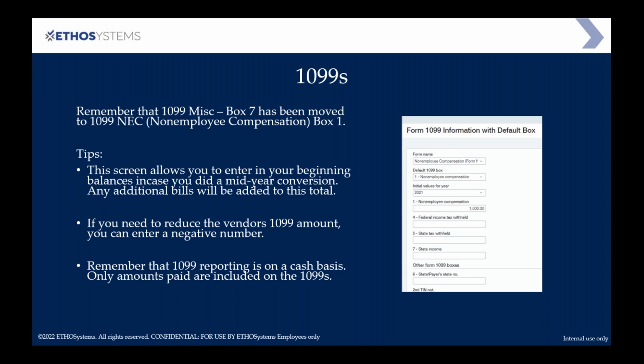Remember, 1099s are based upon the actual cutting of the check, or ACH. It's based upon cash. So if you have not dispersed or paid that invoice somehow, the amounts will not show up on the 1099. Just keep that in mind when you're putting those together.